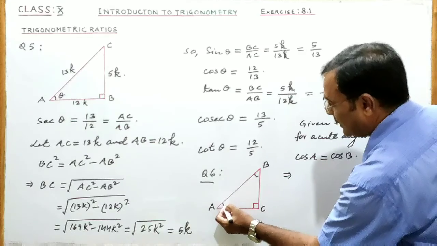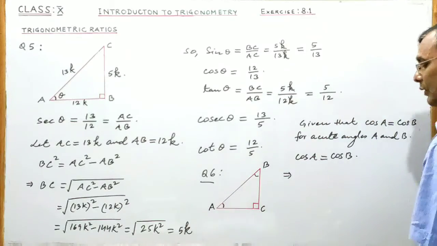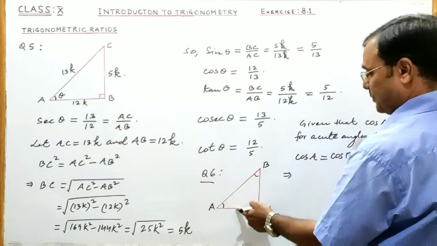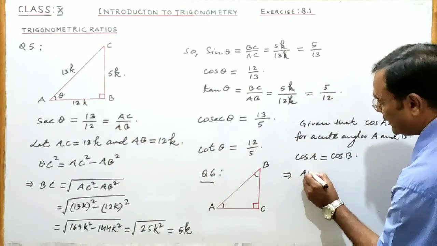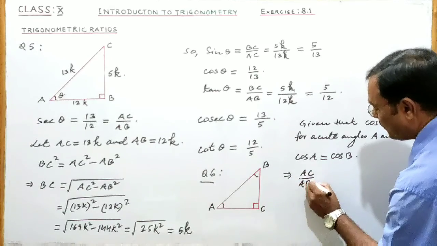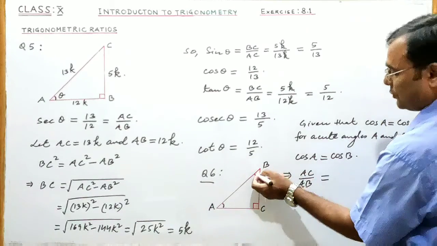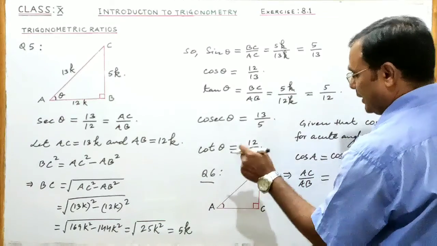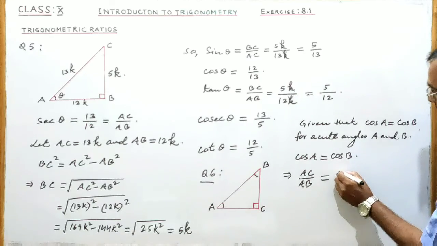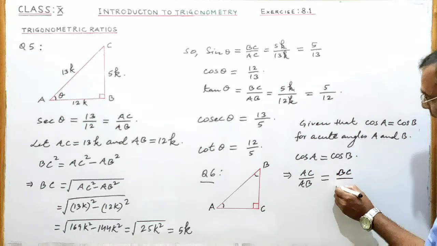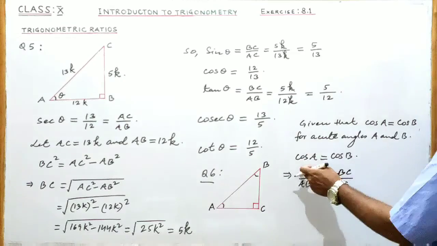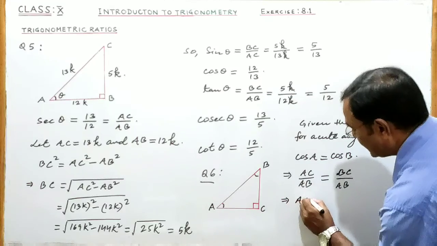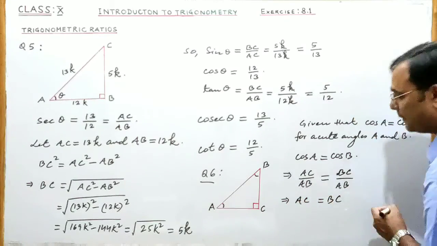For acute angle A, cos A is base by hypotenuse, AC by AB, which is equal to cos B. For acute angle B, cos B is base BC by hypotenuse AB. So BC by AB. So this way AC by AB equal to BC by AB, and this implies AC is equal to BC.